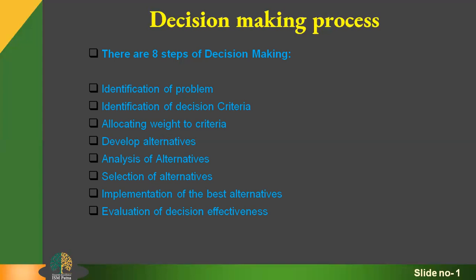Then implement. Once you have selected the alternative, it means the manager has decided to make changes and wants to implement their decision. So this selected alternative will be implemented.